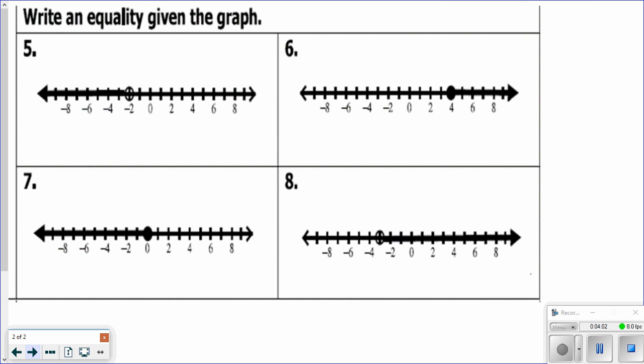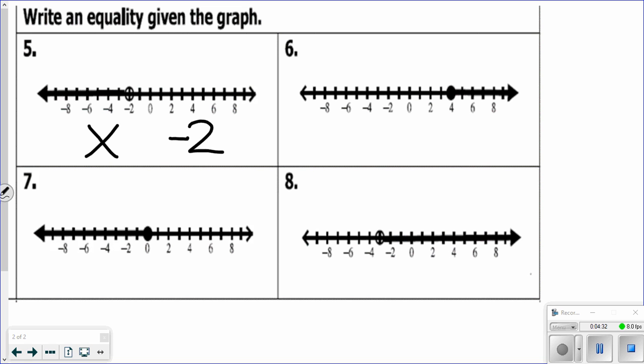Now let's work backwards here. If we're given the graph, let's write the inequality. It doesn't tell us which variables to use, but let's just assume we're going to use an x. Where is my circle at? It's at -2, so that's my number. The circle is open, so I am not going to have an or equal to line underneath.